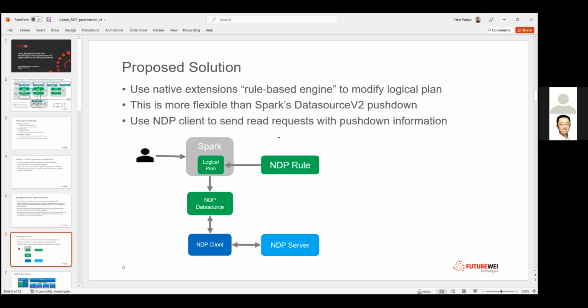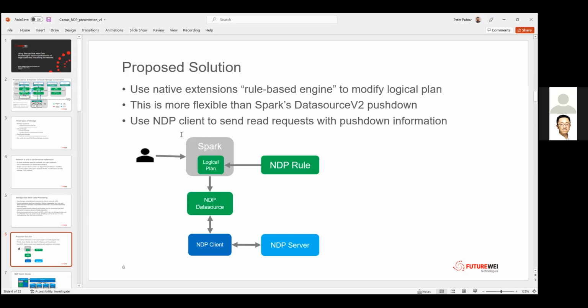So what we do is inject a rule into the Spark optimizer. It's a standard way, so the Spark code is not modified at all. Spark is just instructed to load yet another rule from a jar file. That rule, which our engine provides, will recognize a set of operations which can be performed on storage and which can potentially reduce the output data size which storage will have to send back.